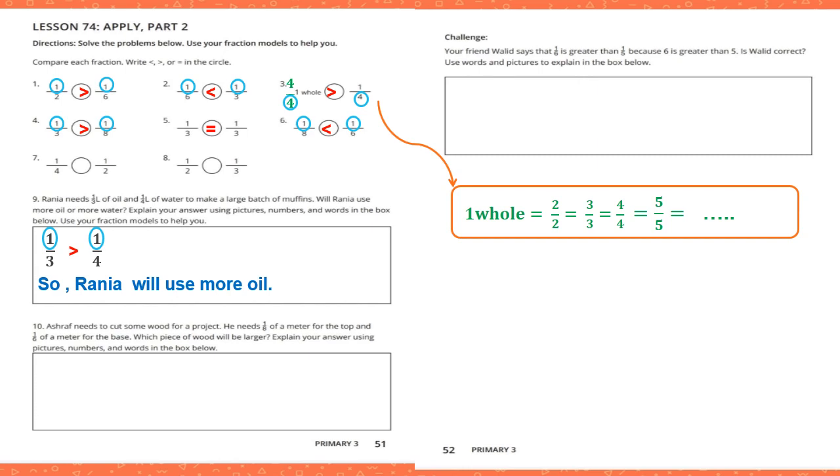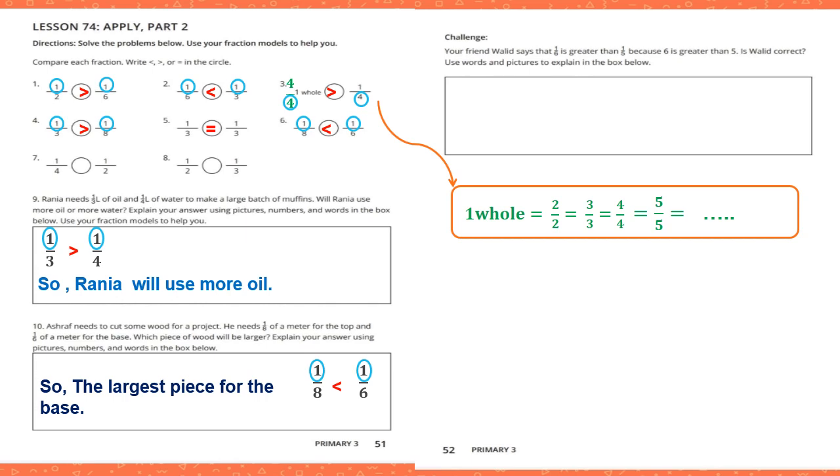Which piece will be larger, the top or the base? We have 8 here and 6 here. We have the same numerator, so the smaller denominator is bigger. So 6 is bigger, which is for the base, the largest piece for the base.